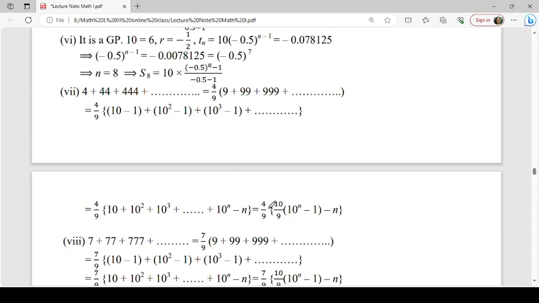The sum of this GP, A is 10, R is 10, so it is R to the power n minus 1 divided by R minus 1, R minus 1 is 10 minus 1 is 9, so it is 4 by 9 here and minus n, so this is the sum.